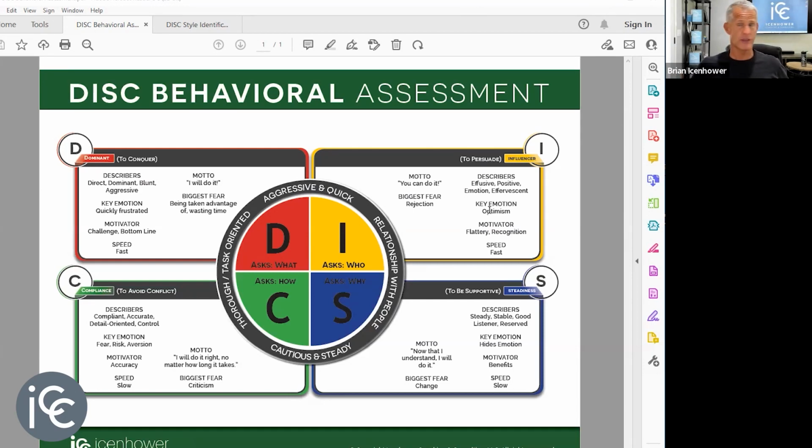The prototype real estate agent from a natural behavioral standpoint is the IS or the SI, because this is a game of people. The more people you know, the more contacts you make, the more clients you're going to get. So I's and S's make up the bulk of real estate agents. So if you're negotiating with a real estate agent, take a look. You might be negotiating with an IS or an SI.